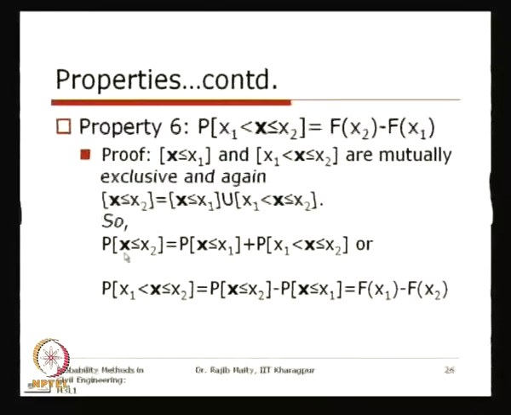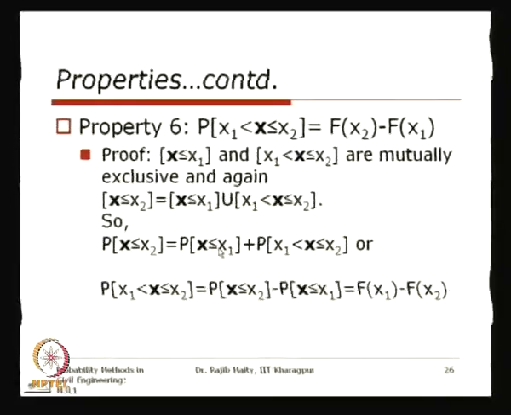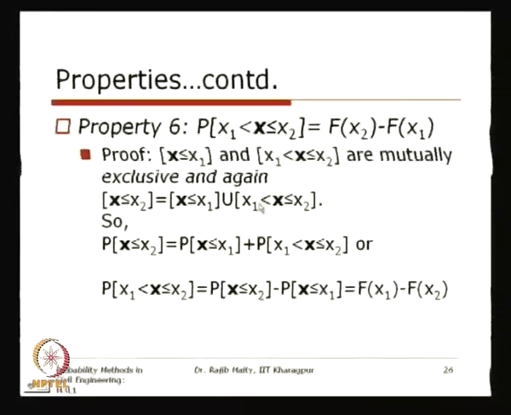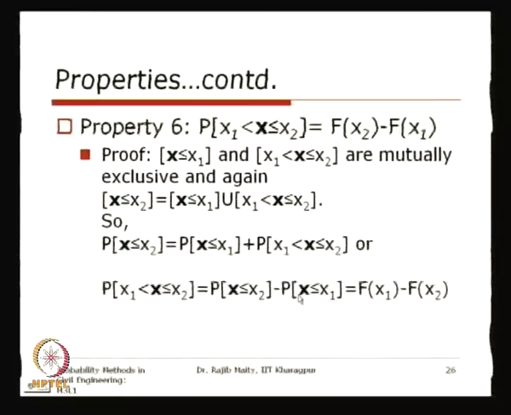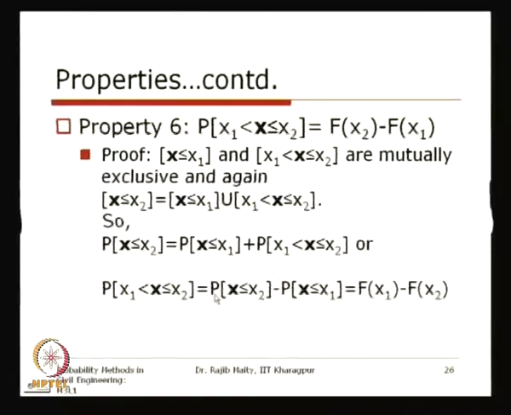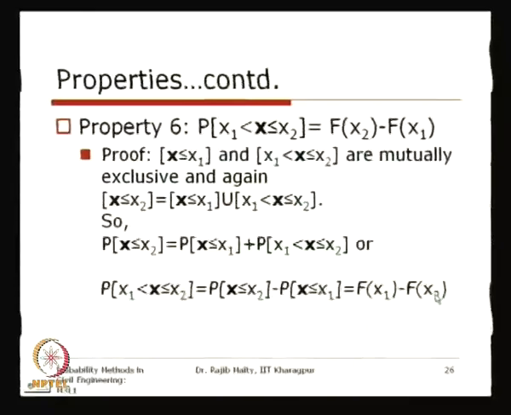So, the probability of X less than or equal to x2 is the probability of X less than or equal to x1 plus the probability of X between x1 and x2. Or, the probability of X between x1 and x2 is equal to the probability of X less than or equal to x2 minus the probability of X less than or equal to x1, which is again nothing but F(x2) minus F(x1).